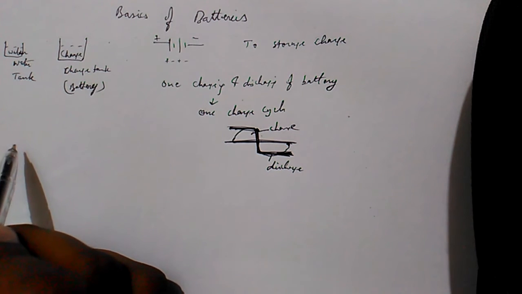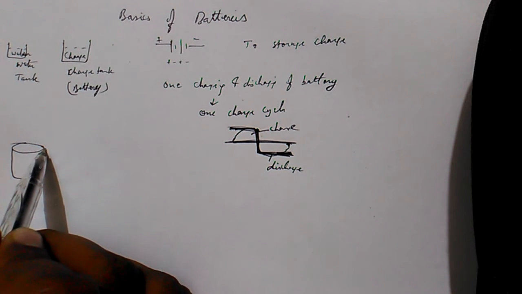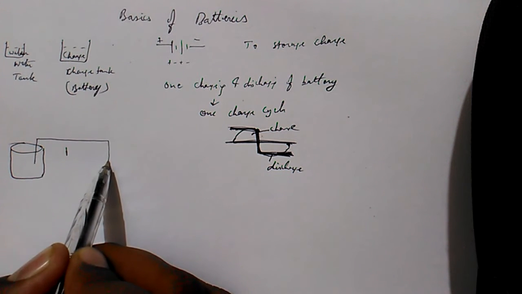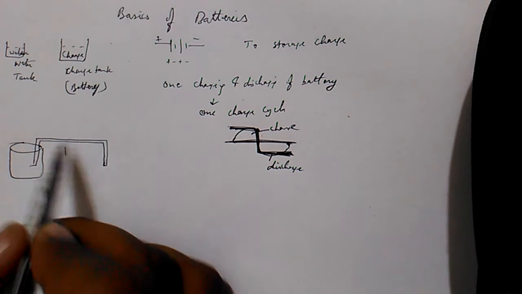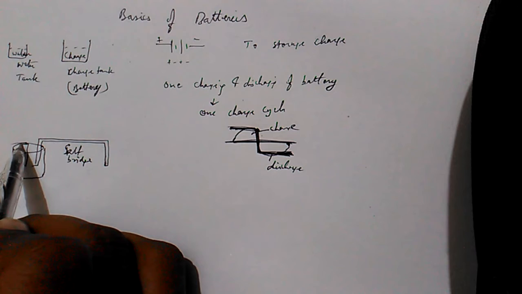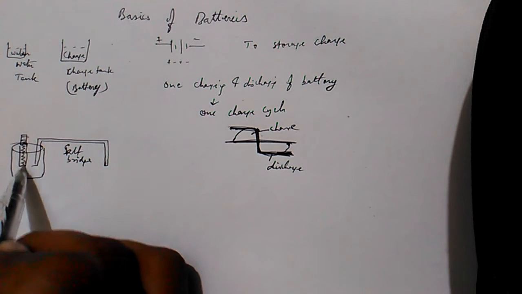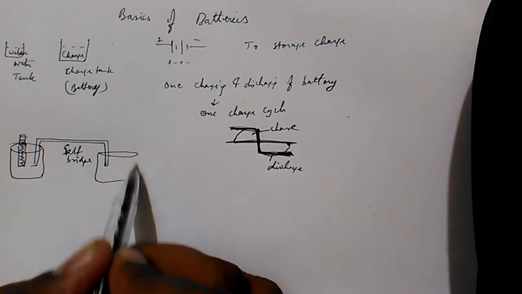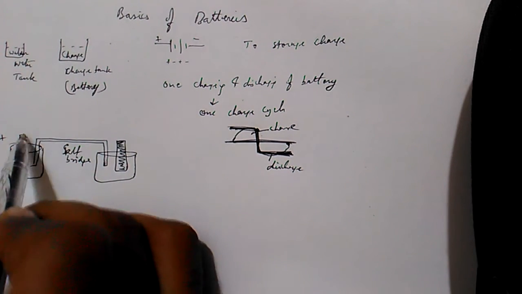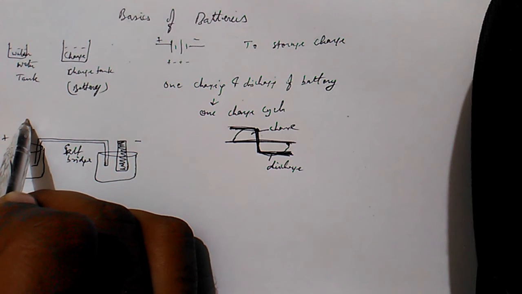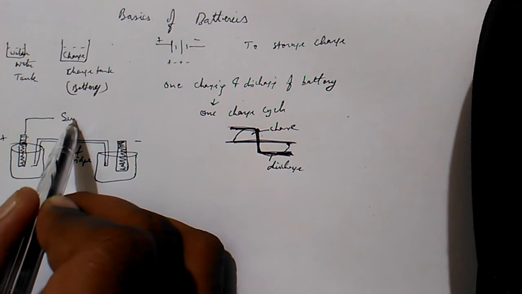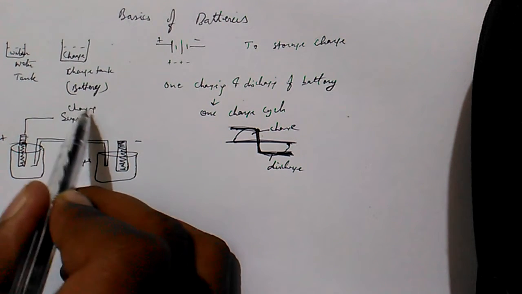So inside the battery, this one is the salt bridge, and this one is the anode, this one is the cathode. Here a charging supply is there.